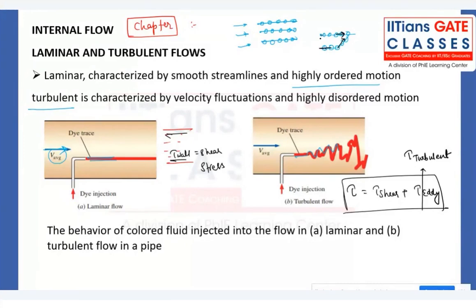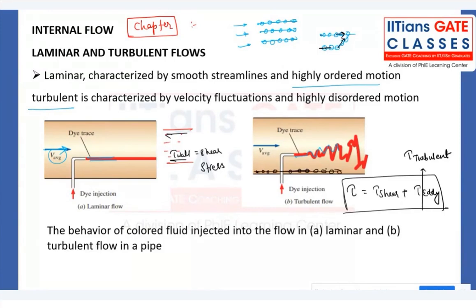But in turbulent flow, they directly interact, shaking hands with the fluid particles, and they say that whatever the wall is there has rested us. Some of the particles which have struck the wall and got to a rest condition cannot move forward. That message will propagate very quickly in turbulent flow.